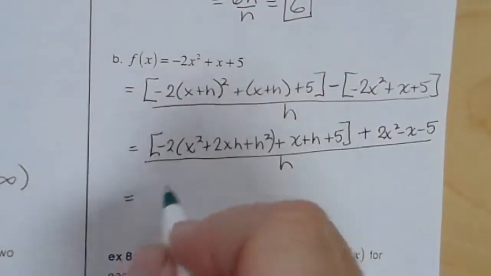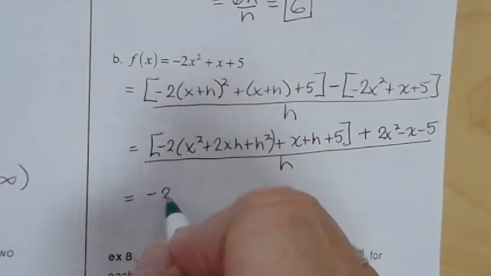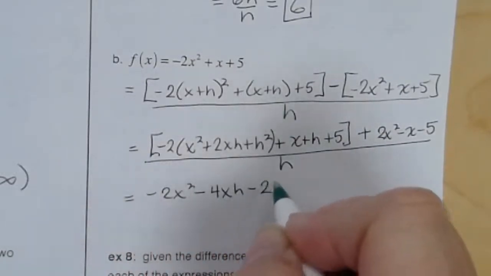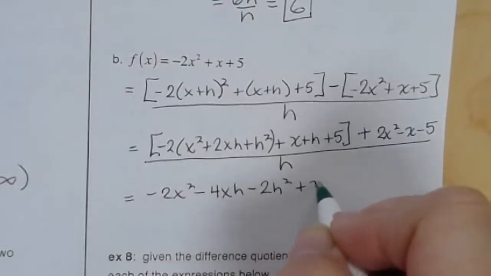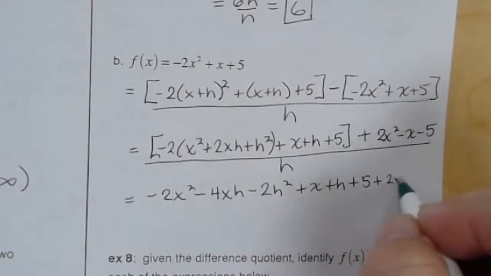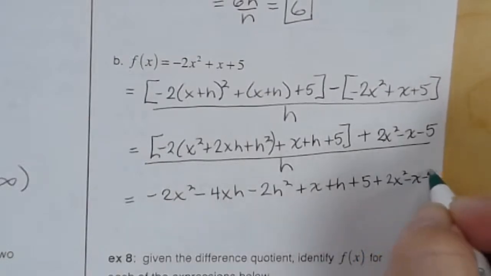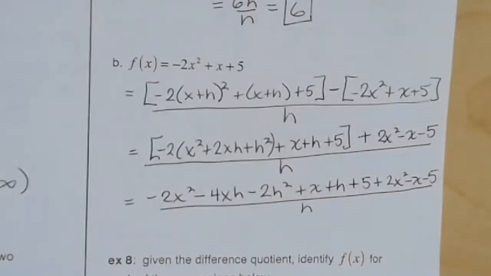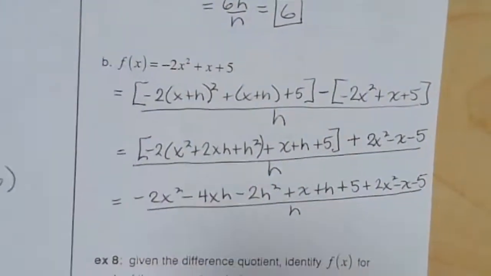Keep simplifying that. I don't need the brackets anymore. Negative 2x squared minus 4xh minus 2h squared plus x plus h plus 5 plus 2x squared minus x minus 5, over h. Now, we should notice that things should cancel out.